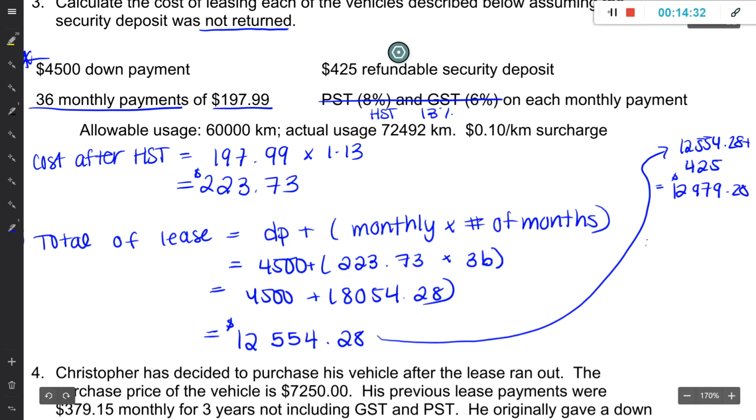So therefore the cost was $12,979.28. Okay. That's it.